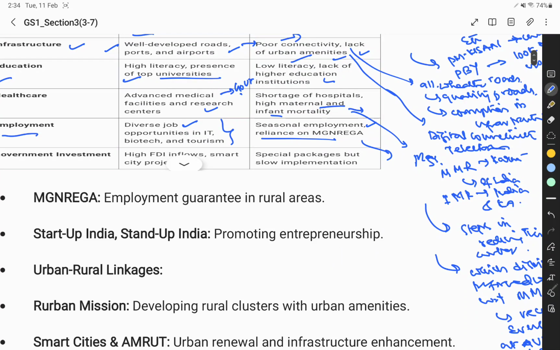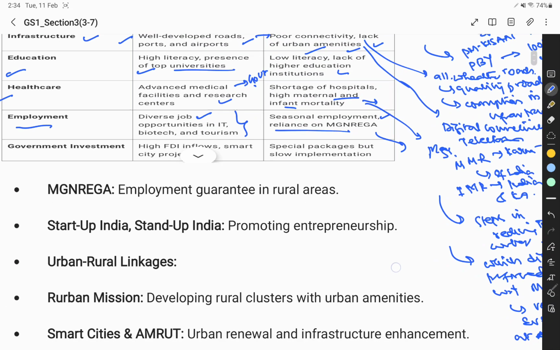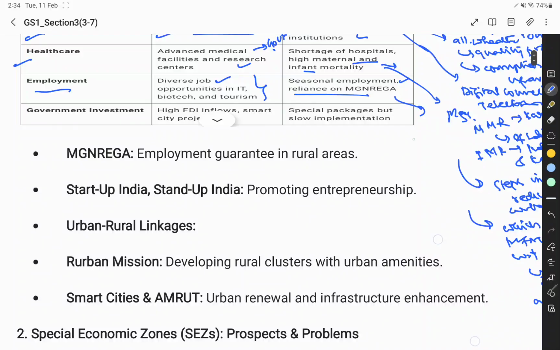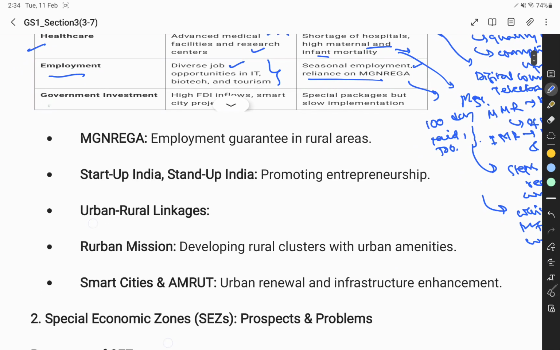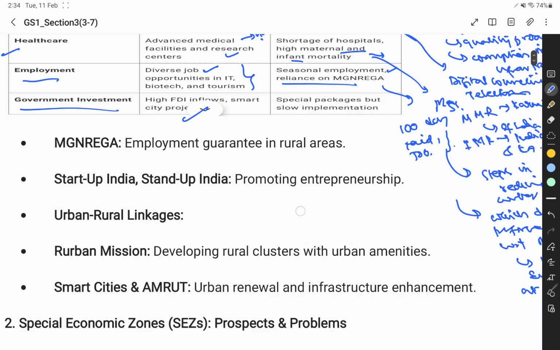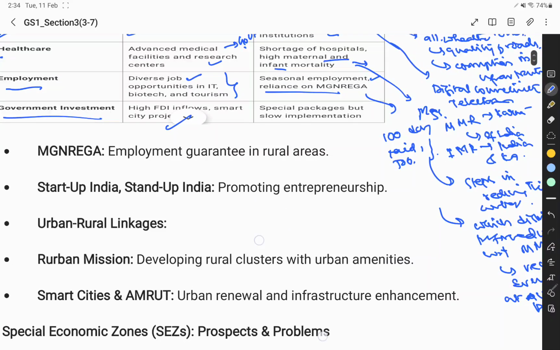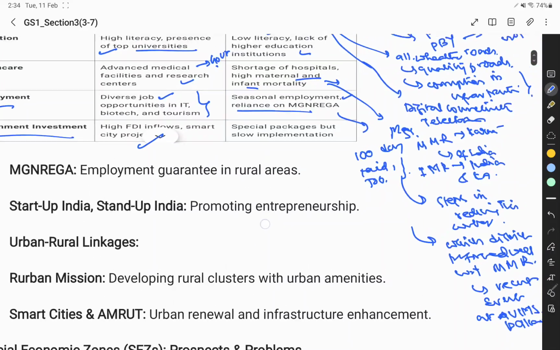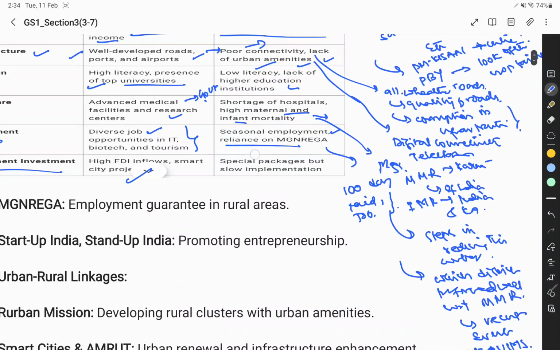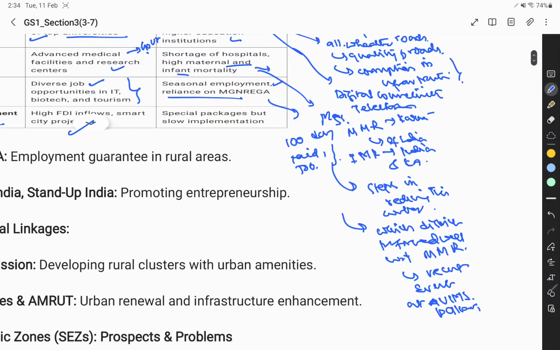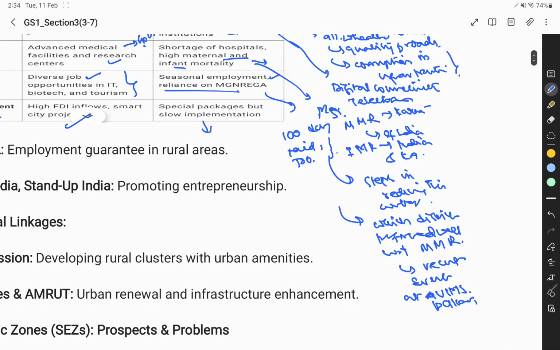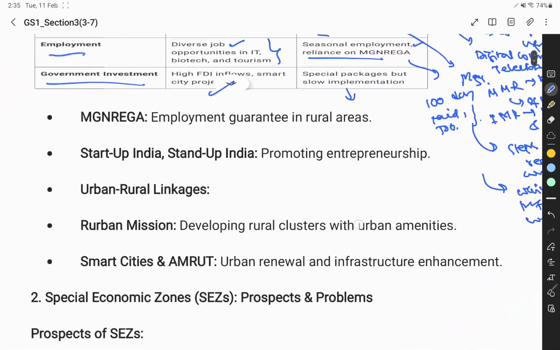Their main resilience is the NREGA scheme, wherein 100 days of paid job has to be offered by the government. Then the government investment is high, and FDI also inflows, with smart city projects. Everything is being undertaken in the developed regions.